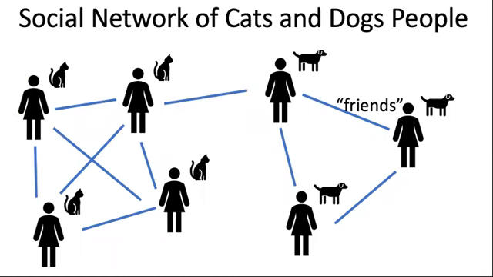Modern sensor and information technology allows us to collect tons of digital data about individuals. However, in this work, we consider maybe the simplest setup where each individual is characterized by a single property or label. And in this toy example, the label of an individual reflects if the person is a cat person or a dog person. And we assume that an individual is either a cat or dog person, but cannot be both.